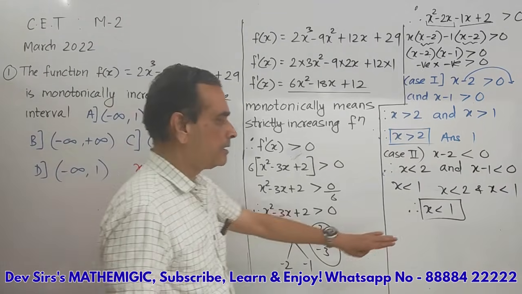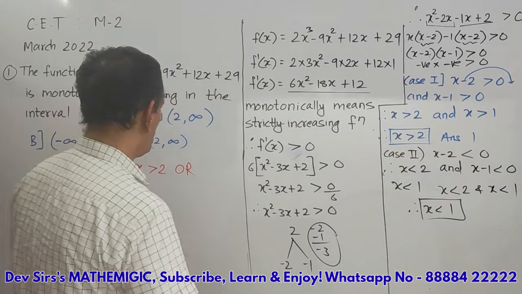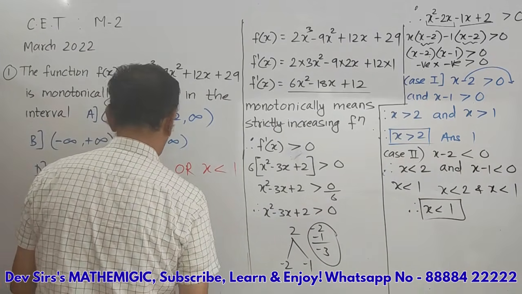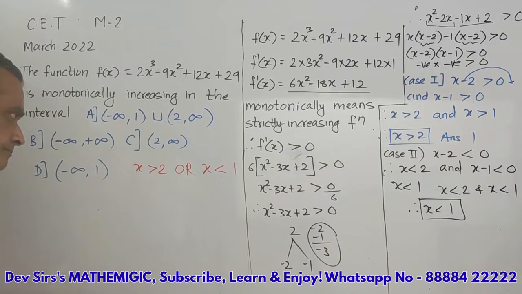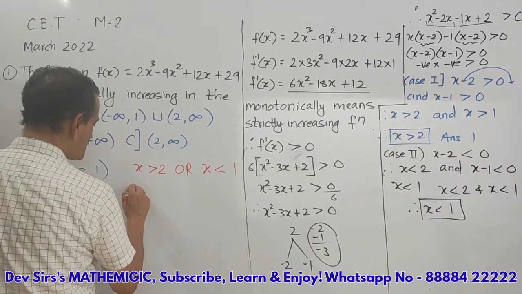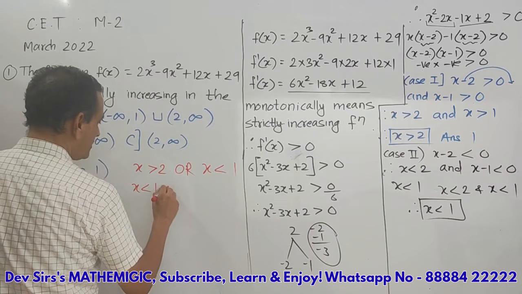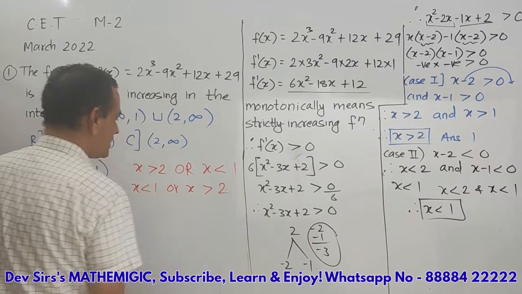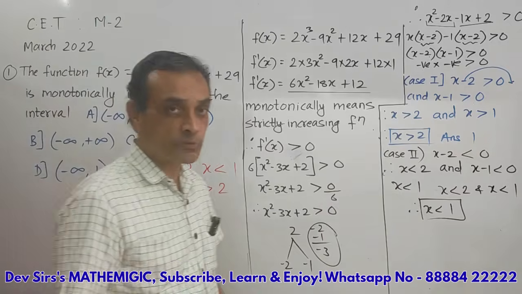Or case 1 or case 2, x less than 1. Okay, which means let's write the smaller number first, x less than 1 or x greater than 2. ये एक आंसर है, कभी कभी ये ऑप्शन भी देंगे.